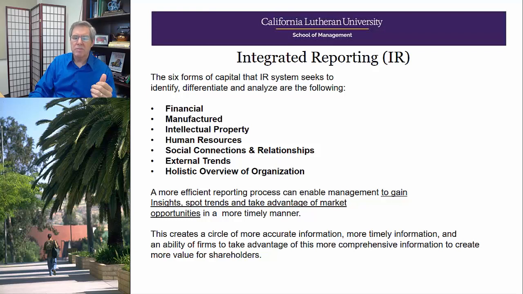So a more efficient reporting process can enable management to gain insights, spot trends, take advantage of market opportunities in a more timely fashion. This creates a circle of more accurate information, more timely information, and the ability of firms to take advantage of more comprehensive information to create value for all of their shareholders and stakeholders.